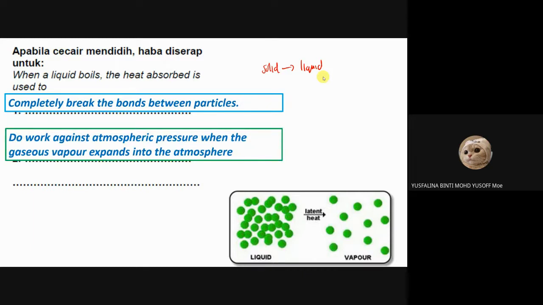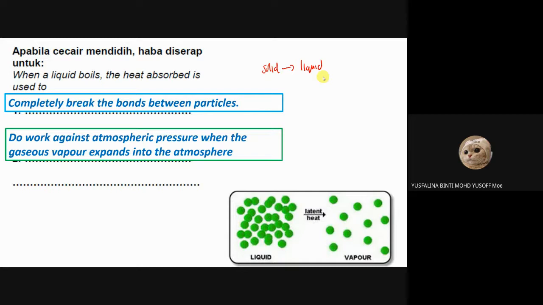Because when the liquid changes to gas, the gas has to go to the surrounding, so it needs to overcome one more obstacle, the atmospheric pressure. So the first use of energy is to break the bond, and the second is to work against the atmospheric pressure so it can move freely to the surrounding.